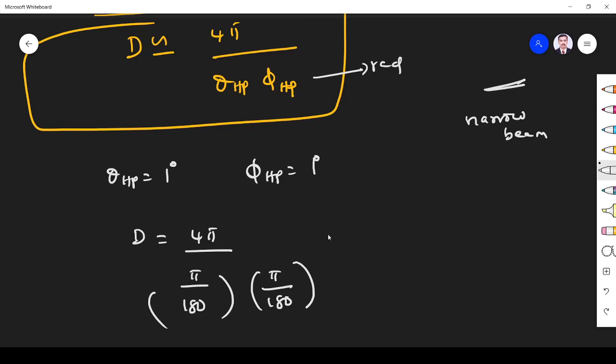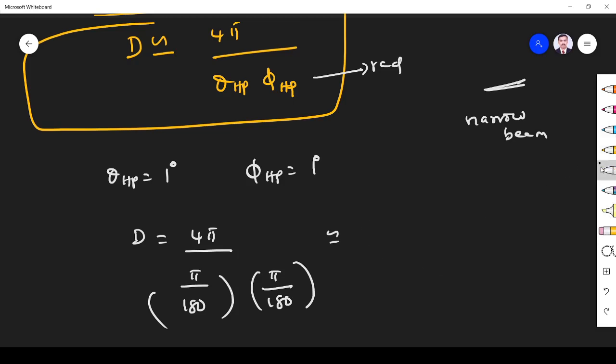So it is 4 into 180 into 180, divided by 3.14, which is approximately 41,273.